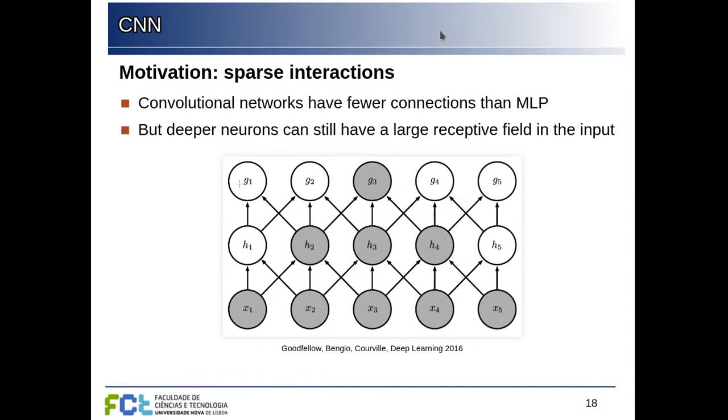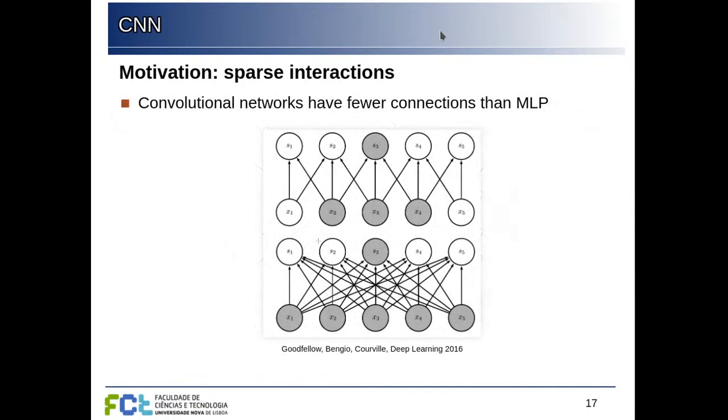We also have weight sharing. Oh, by the way, this means that with a single convolutional layer, each neuron is only looking at a small part of the input.